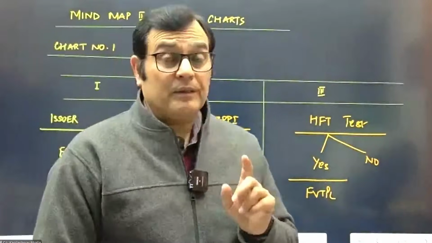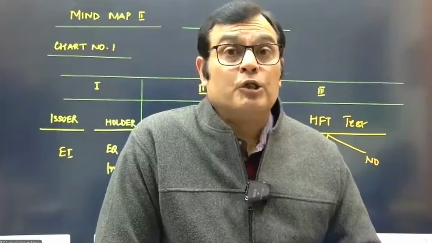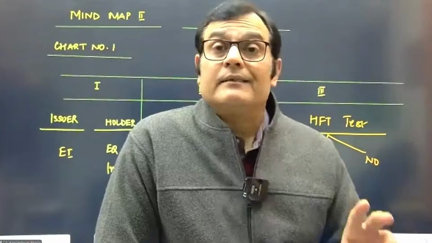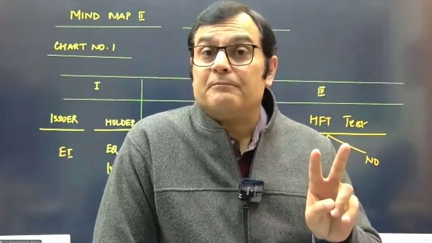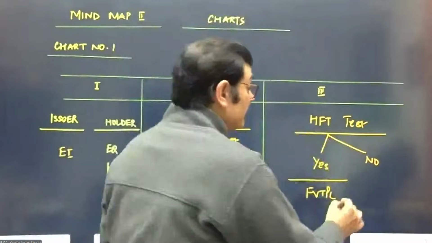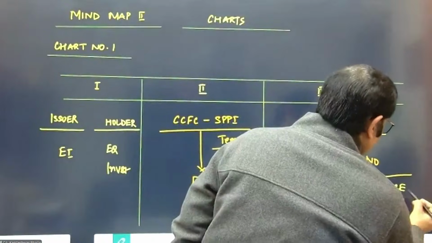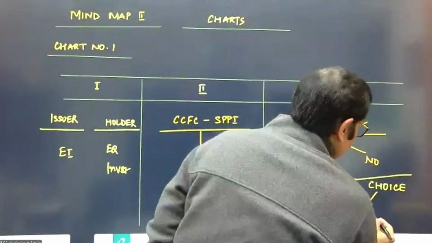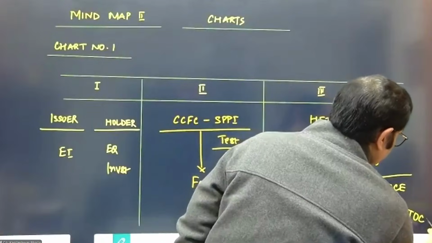But remember, if you say that it's not held for trading, then don't say FVTOCI, it is a choice between FVTOCI and FVTPL. So the moment you say no, you get a choice. And the choice is either FVTPL, or FVTOCI.